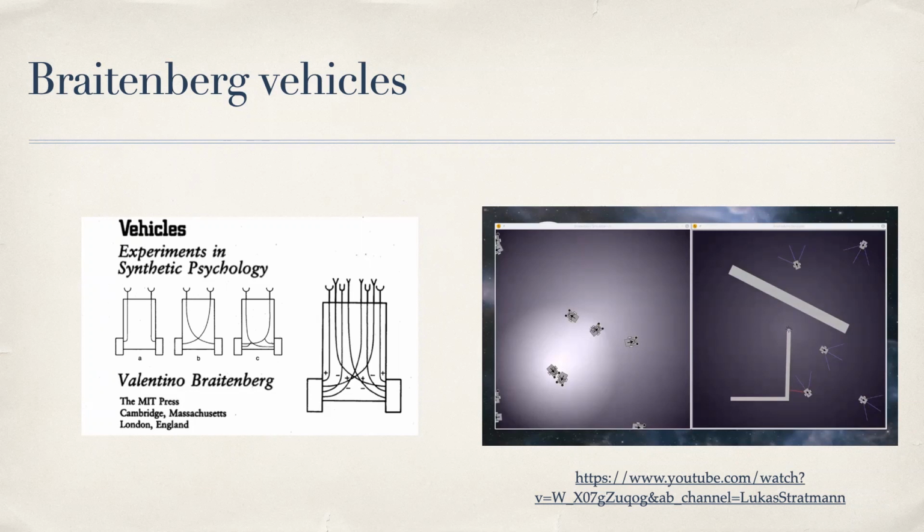So one cable, one sensor, one wheel. And I'm going to experiment with different types of connections: left sensor to left wheel, right sensor to right wheel, or maybe left sensor to right wheel, right sensor to left wheel. I'm going to cross them, or try some more complicated things that come later in the book.